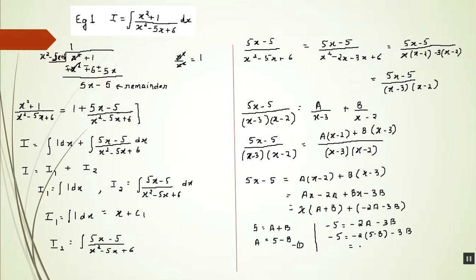So this will be equal to minus 10 plus 2b minus 3b.